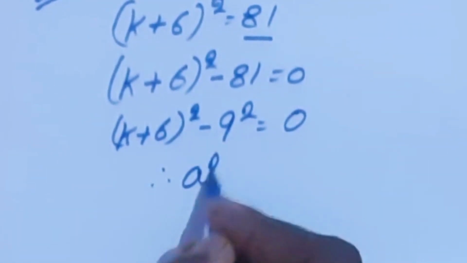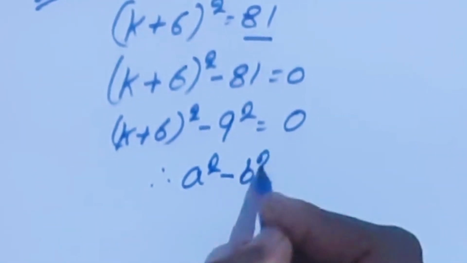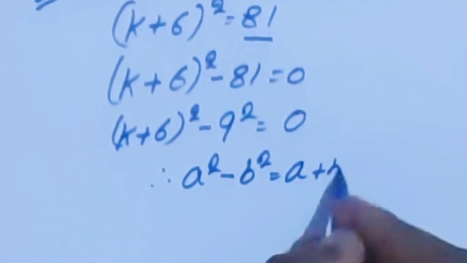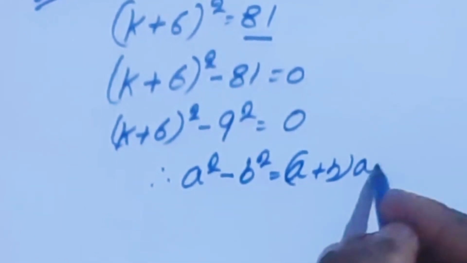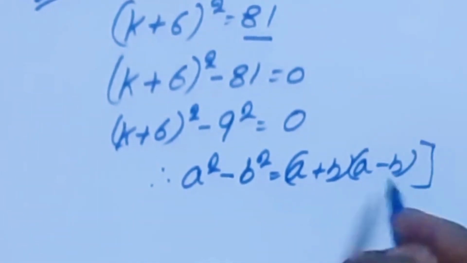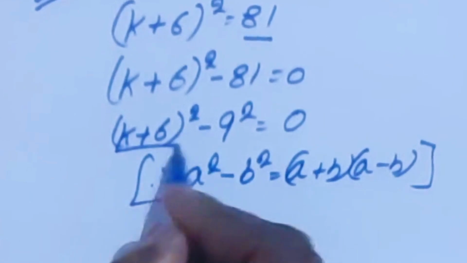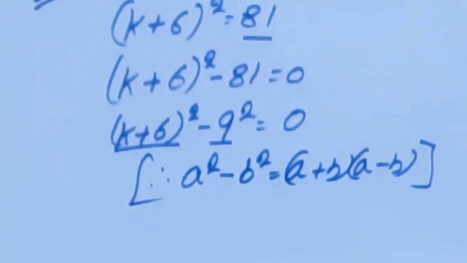Here we are going to apply this formula: a^2 - b^2 = (a + b)(a - b). This algebra formula we are going to apply here. Consider this is a, this is b.